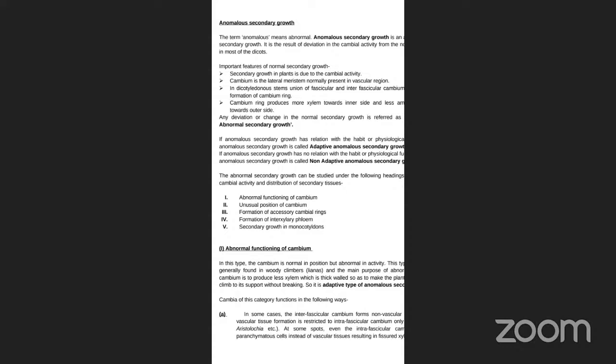In many lianas, which are woody climbers creeping on the trees, the type of small plants is called lianas. The normal cambium in many lianas behaves abnormally, resulting in formation of more secondary xylem than phloem.